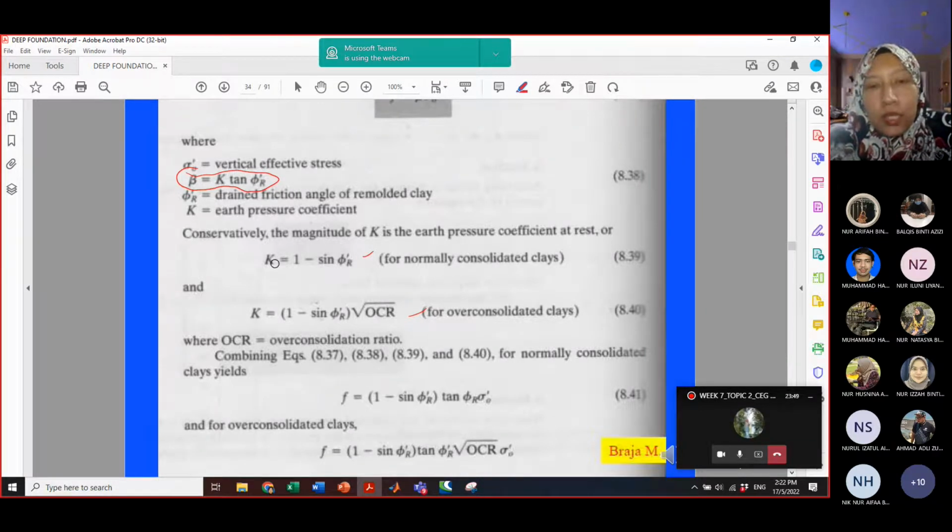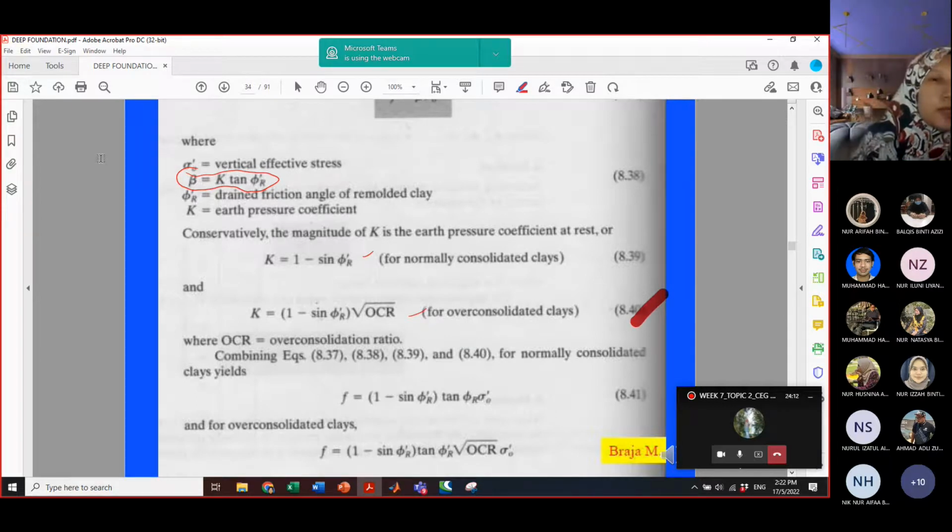If you want to calculate the K naught, K naught is actually the lateral earth pressure coefficient at rest. So it can be calculated from this formula. If you have normal consolidated clay, we just take it as 1 minus sin effective internal friction angle phi. If you have over consolidated clay, this is how we calculate the K naught.